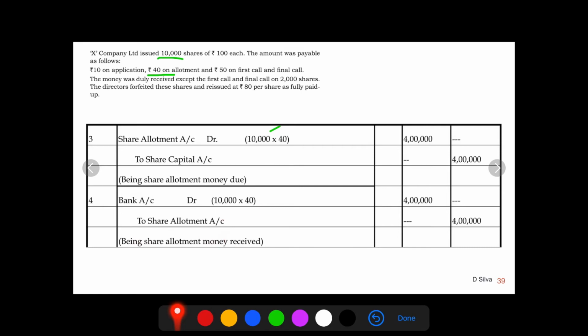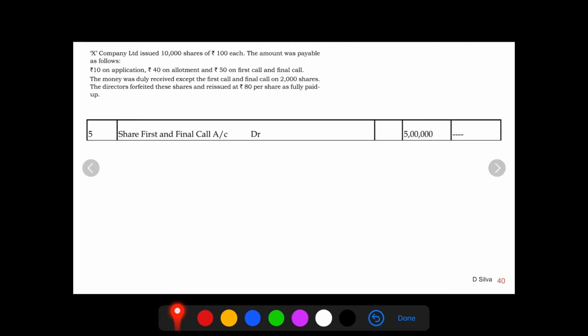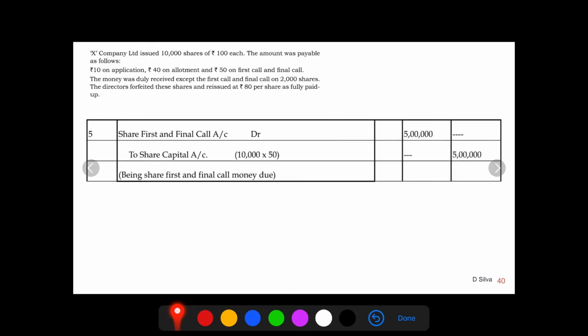On 10,000 shares, 40 on allotment, 4 lakh is being debited and credited. Fifth journal entry will be first and final call account debit to share capital account, being share first and final call money due. Number of shares is 10,000. On first and final call rupees 50, so 10,000 into 50, 5 lakh is being debited and credited.